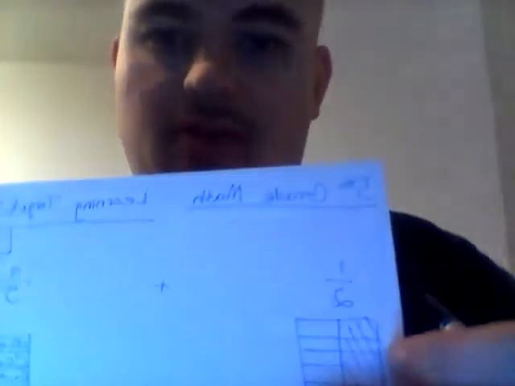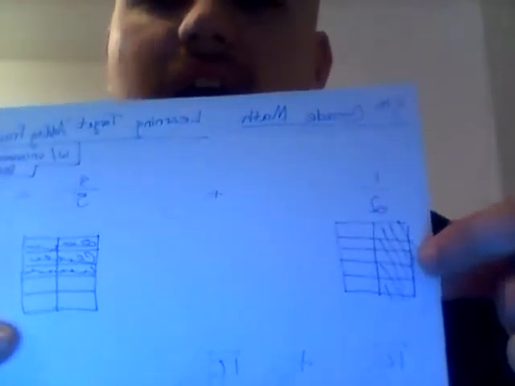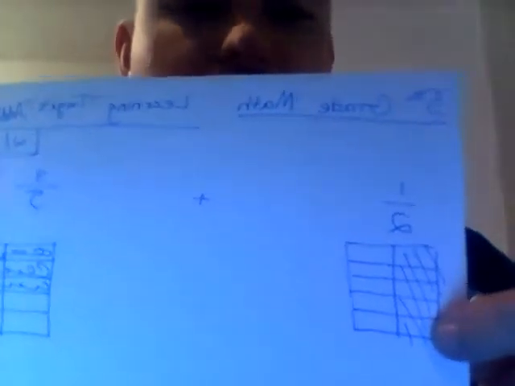Now, how many parts do we have shaded? Well, in this part we have 5, because we have 1, 2, 3, 4, 5 out of 10 shaded.